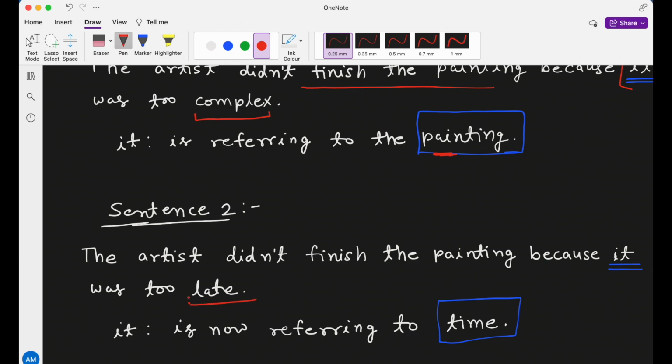Now the meaning of this "it" suddenly changed, and now it is referring to the time, not the painting. You are getting what I want to say here.